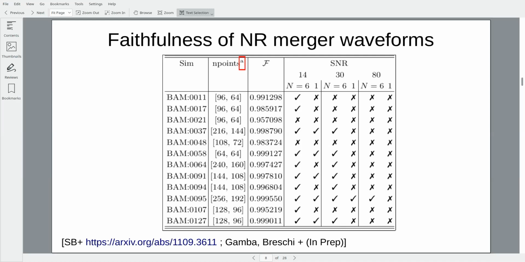The moment you have a tick, you can certainly say that the waveform is faithful. A cross is just a necessary condition, but not sufficient, for the waveform to be faithful, which means the waveform could be good, but you don't really know.